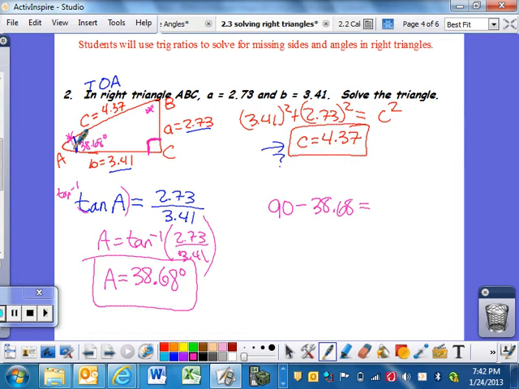So if I just know that 90 are left over, 38.68 of them are used for angle A, I now know that 51.32 of the degrees are used for angle B. So I should say that B is equal to 51.32.